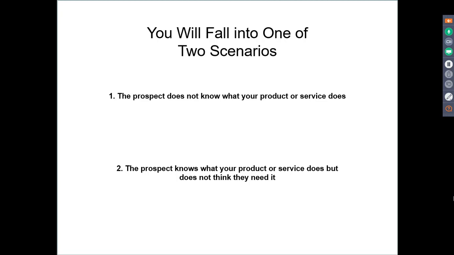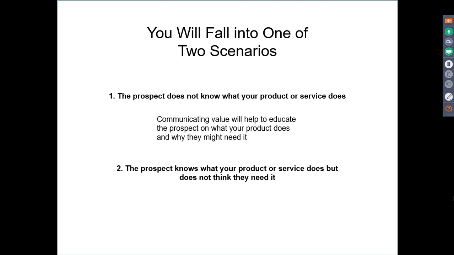But now what I want to point out is that depending on what category you're in, you might use your value and communicate your value proposition for slightly different purposes. They're pretty similar, but slightly different. If you fall into category one, focusing on communicating your value will help to educate someone on what you do, on what your product does, and why they might need it.